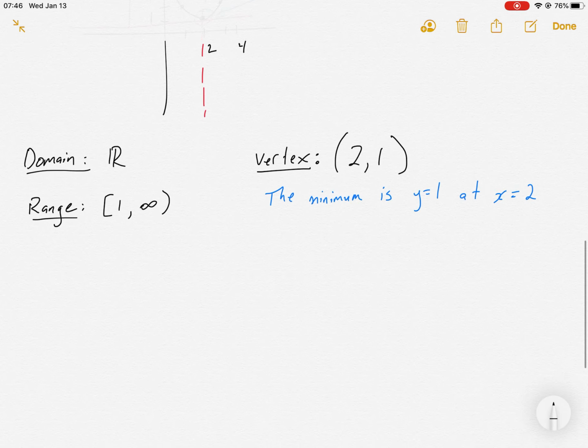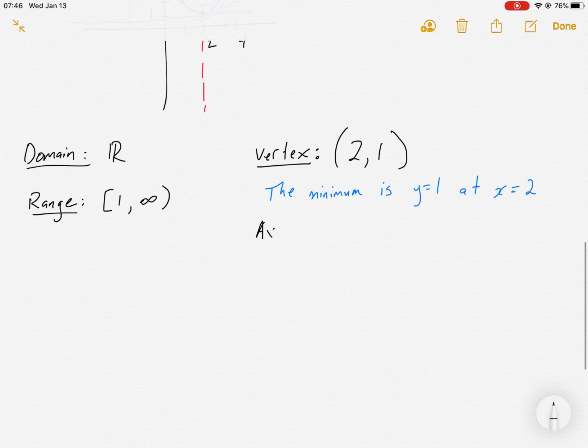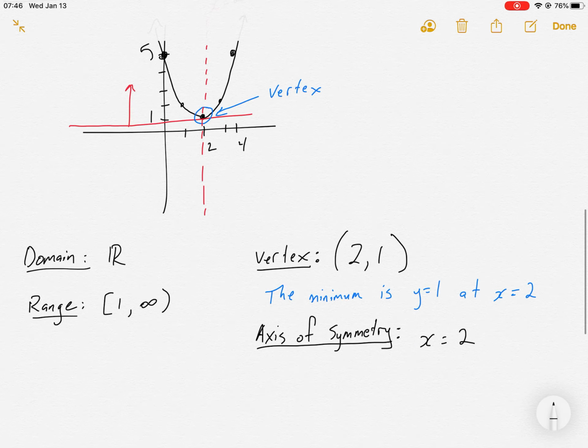That is called the axis of symmetry because it is symmetric around that line. Notice you can't just say 2, you have to actually say the equation is x equals 2. If you just said 2, you might mean y equals 2, and y equals 2 is a horizontal line, not a vertical line.